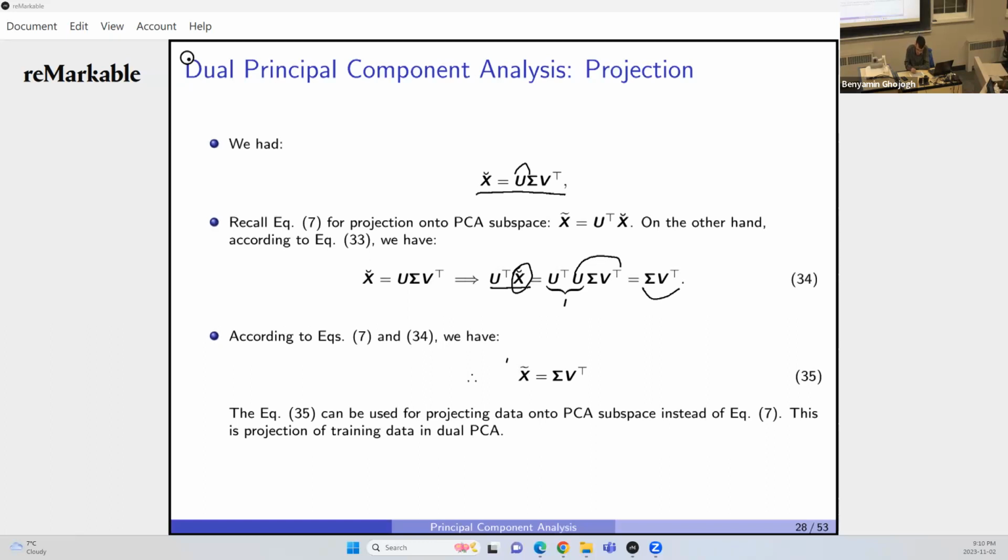As a result, another way to talk about the linear projection of PCA is its formula, sigma V transpose. Rather than saying U transpose X breve, we can say it is sigma V transpose, where sigma and V are found by singular value decomposition of X breve. You might say, why do we do that? We will see it in a few minutes. Why is it useful?